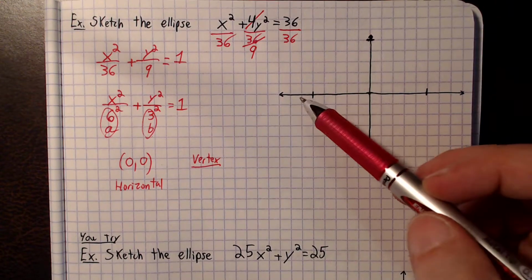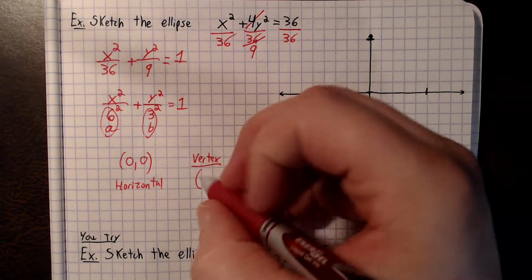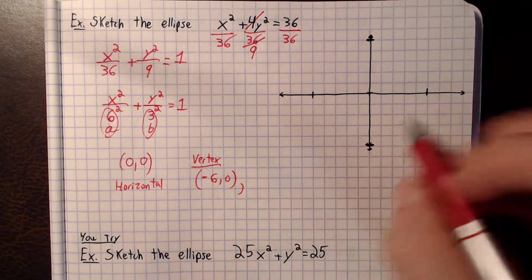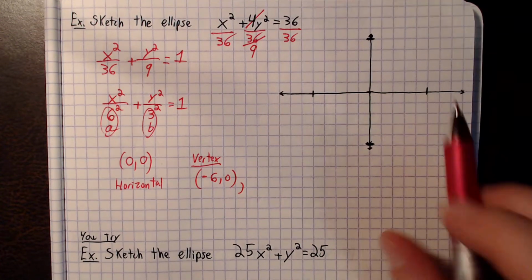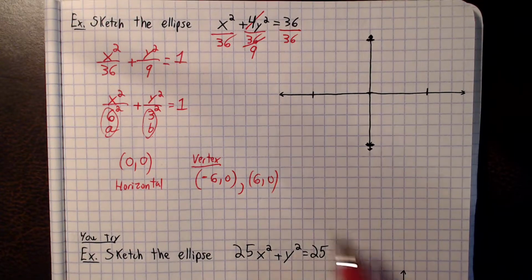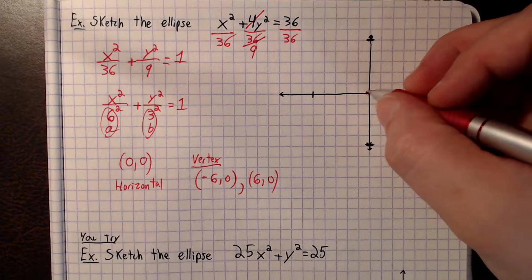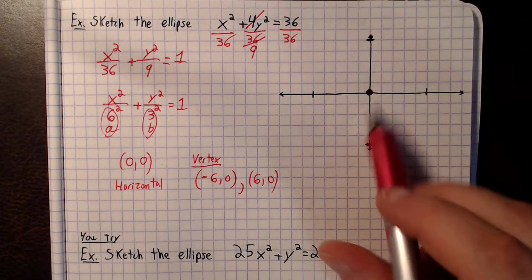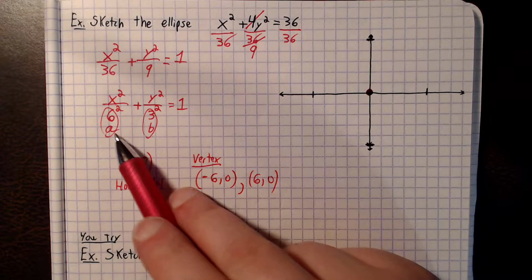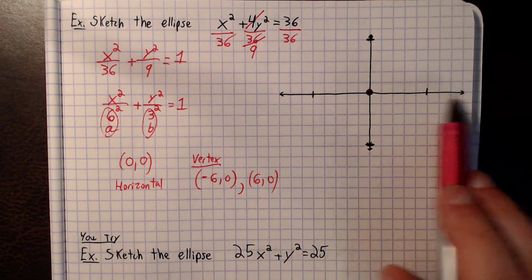If I head in the negative direction from our center, that would be -6, no change in y. And if I look at my other direction, I'm going to be adding 6 with no change in y. So this is where our vertexes live. Graphically, our center is at (0, 0). Our axis is horizontal, so we know all of the major height is going to be going this way.